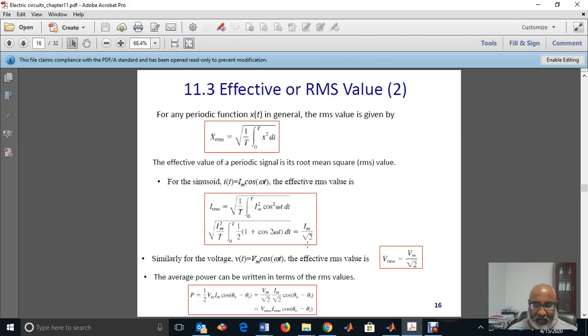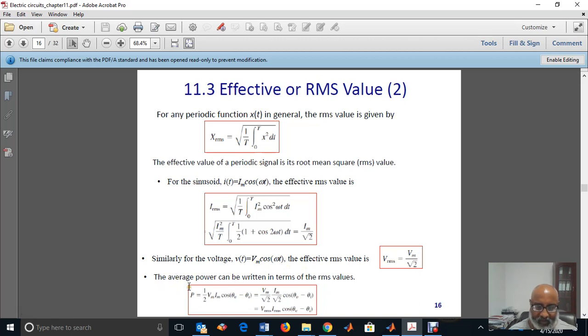This is the RMS value. So we can just quickly get the RMS value from the function itself. If I have Im cos omega t, what's the RMS value? Im divided by radical 2. If it is a voltage, for example, Vm cos omega t, what is the RMS value? Vm over radical 2.